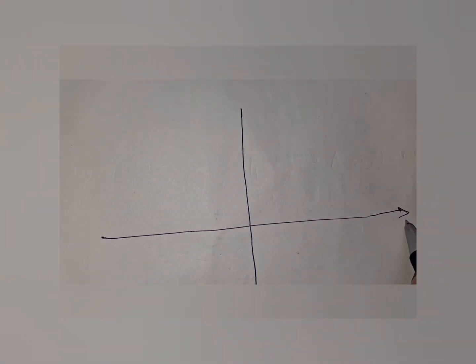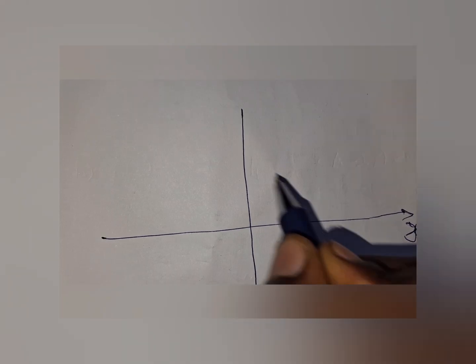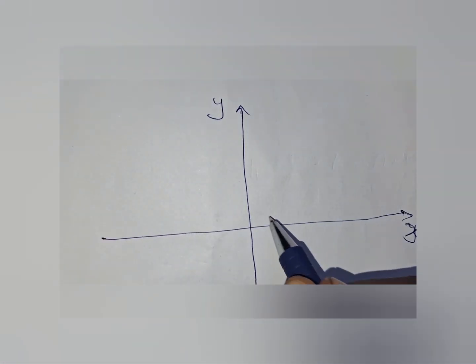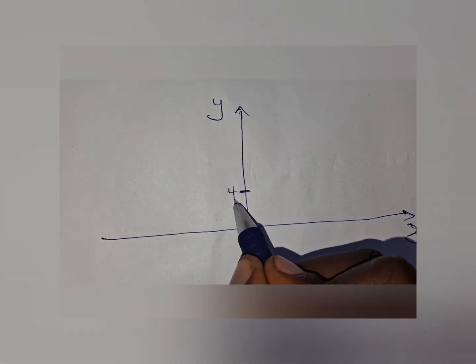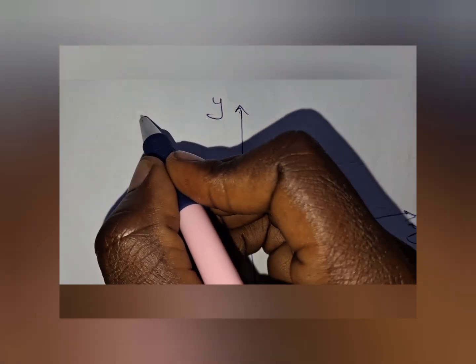Another way to think about this would be plotting a graph. If we were to plot the graph of y against x, the graph would turn at 4.